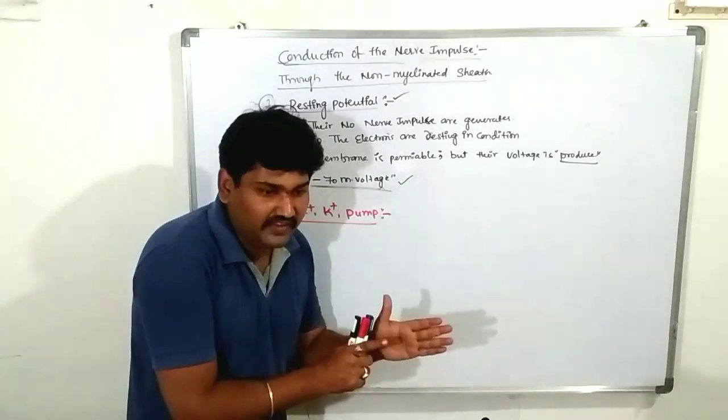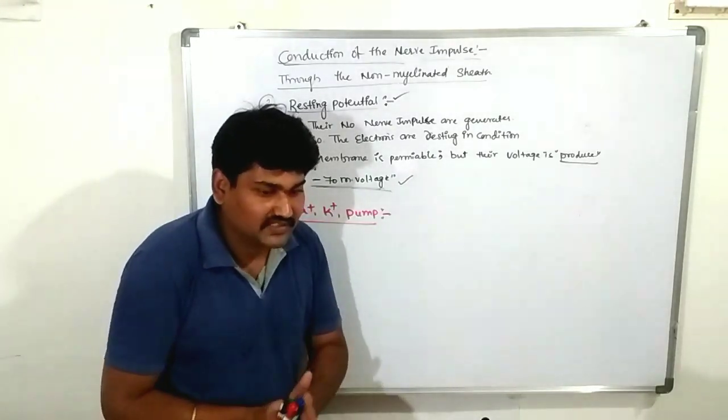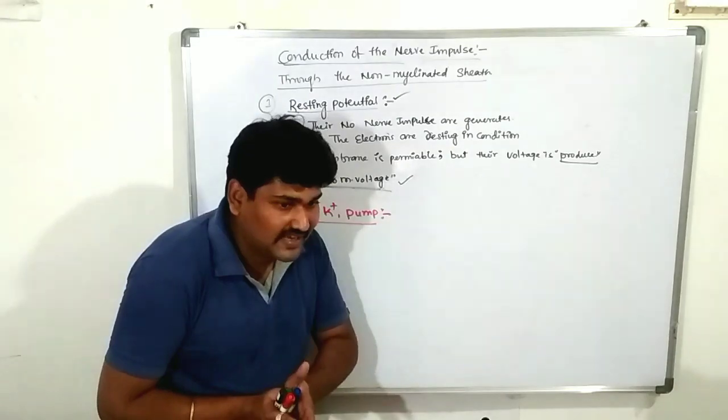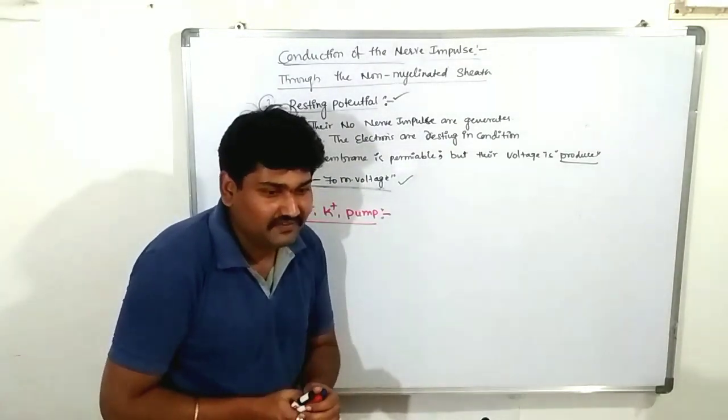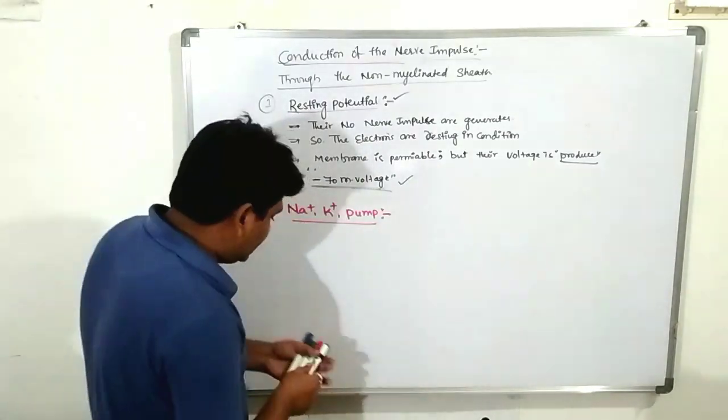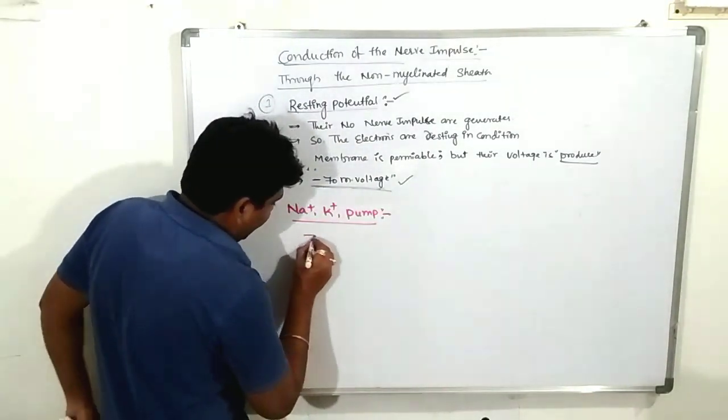So the exchanging of sodium and potassium ions, from the outer surface to the neuroplasm, happens through the channels.